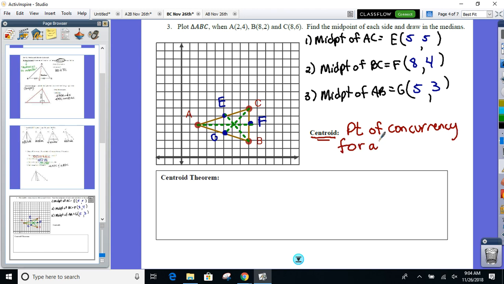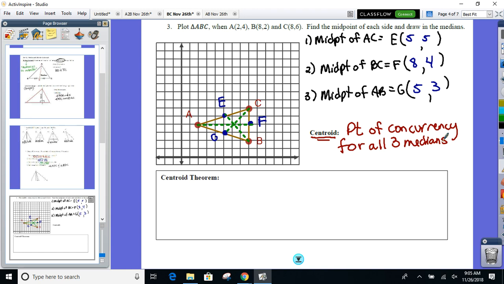Yes, centroid. That is the point of concurrency for all 3. What did we just make here? What are all these green lines up here? For all 3 medians. Got it. Woo! A third point, huh? To go with circumcenter and in-center. And just like in-center and circumcenter, we should know something about this point.